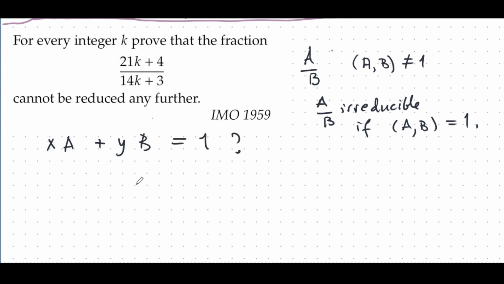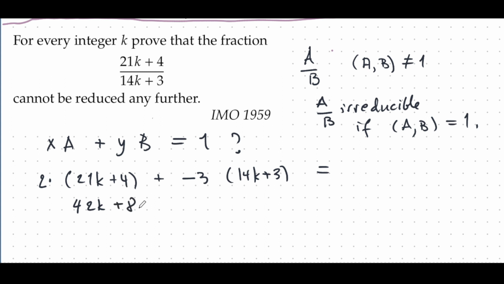Can we do this? A is 21K plus 4, and B is 14K plus 3. What if we take 2 times this minus 3 times that? 2 times this is 42K plus 8, and that's going to be minus 9, so that's not going to work. How about if I move the minus to this side?